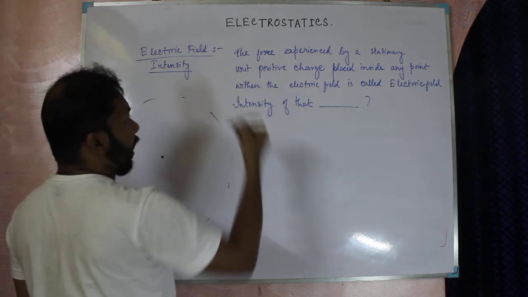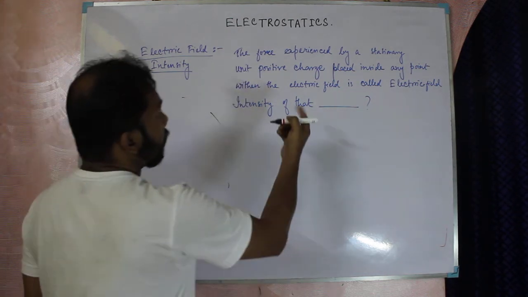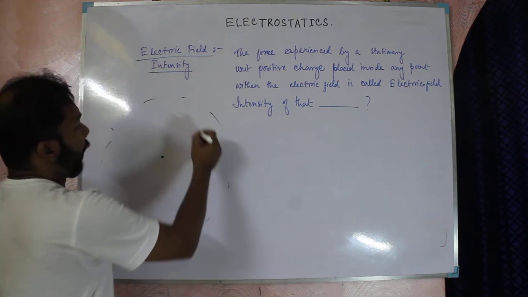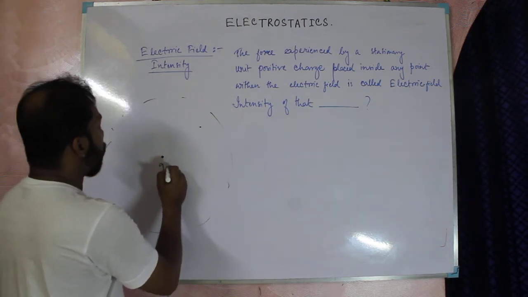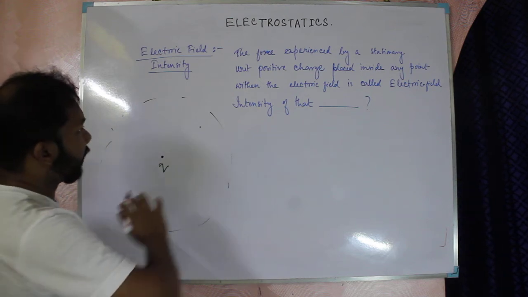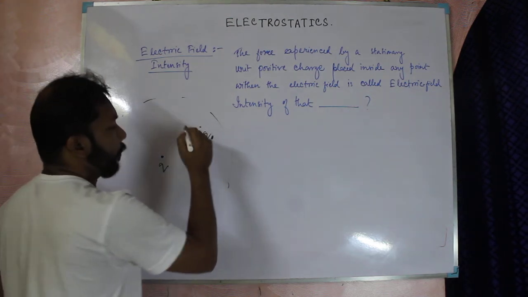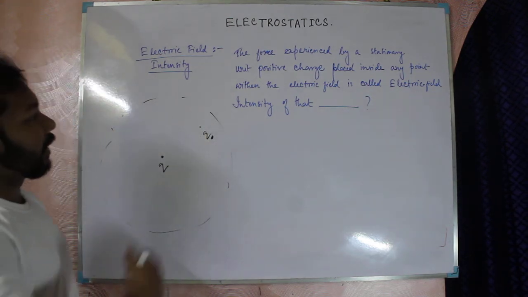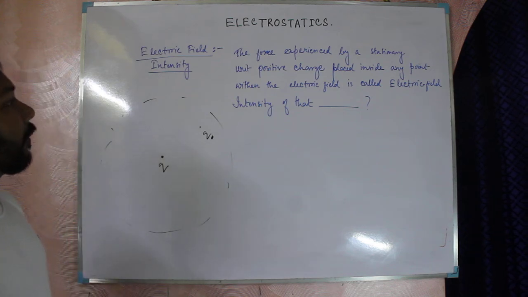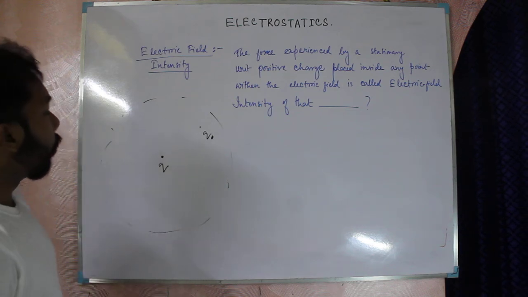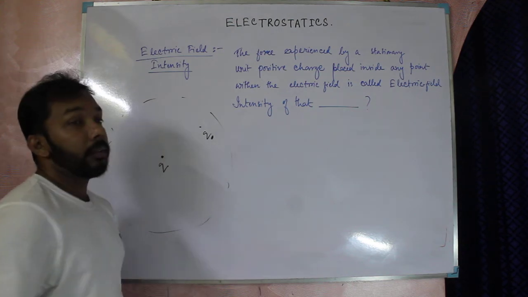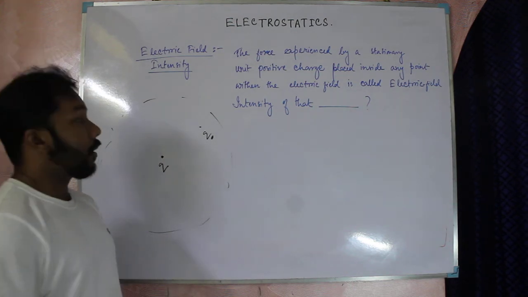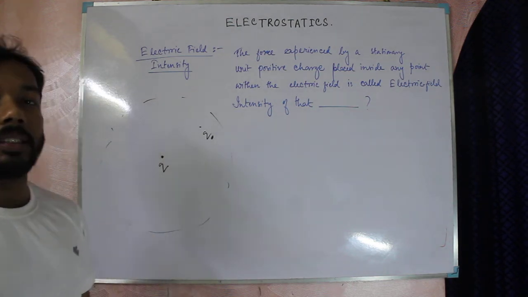We have taken another charge, a test charge, and placed it somewhere inside the field. Now the source charge is exerting a certain force on the test charge, let Q naught be the test charge, and that force per unit charge is called the electric field intensity.